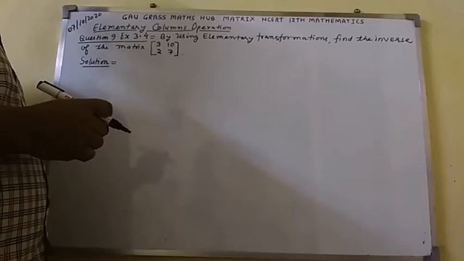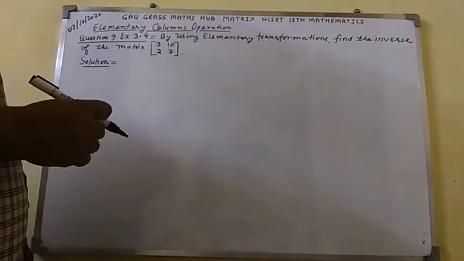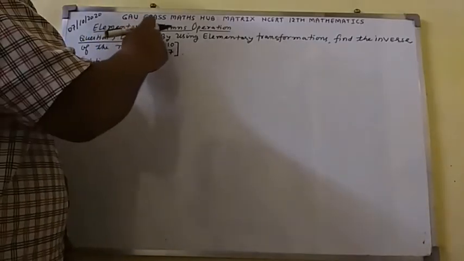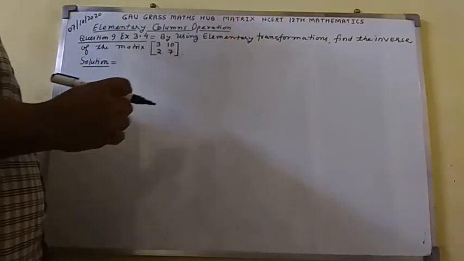So don't apply elementary column operations. You apply only elementary row operations there, if this type of wording is written in your board exam question paper.